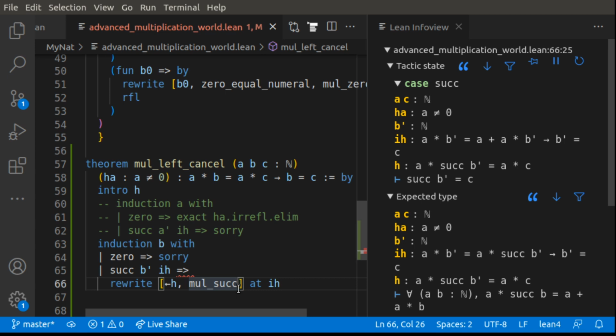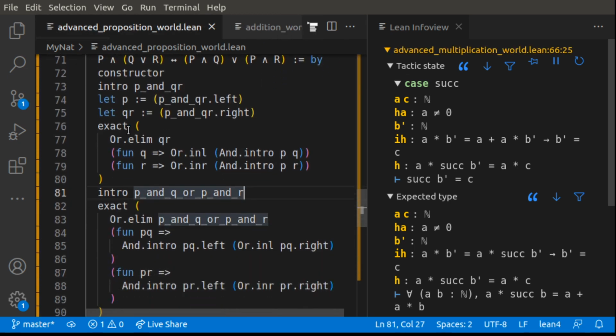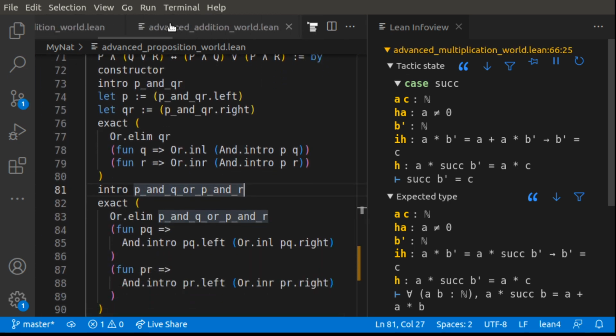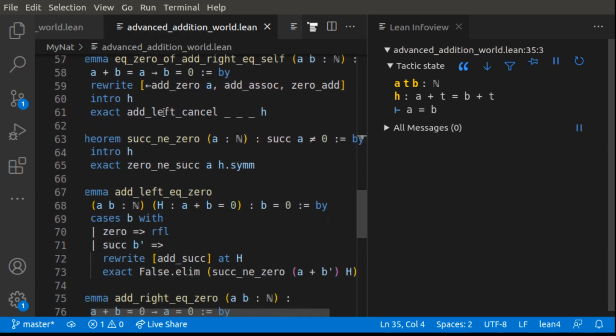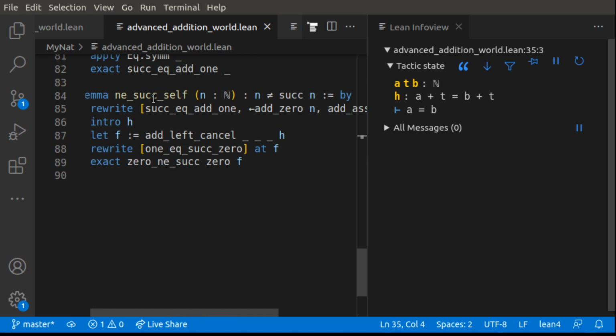Now we have a times b prime equals a plus a times b prime, and a is not equal to 0. Interesting. Is there some successor not equal to successor, or something else? Successor, or no, not equal successor to self.